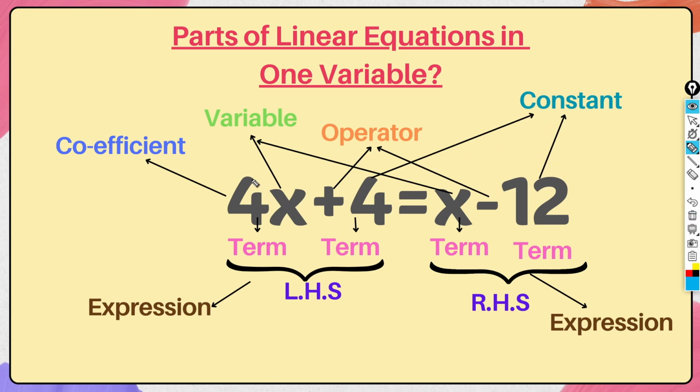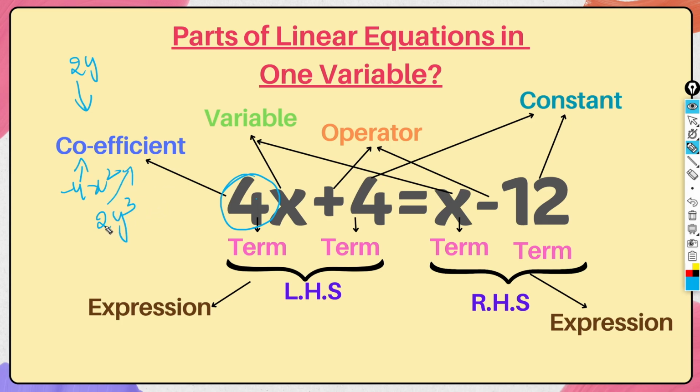You might think whether this 4 is a constant. No, because this 4 is in combination with a variable. So this 4 is known as a coefficient. Any number which is combined with a variable, for example 2y, here 2 is a coefficient. Minus 4x square, here minus 4 is a coefficient. 2y cube, here 2 is called a coefficient.